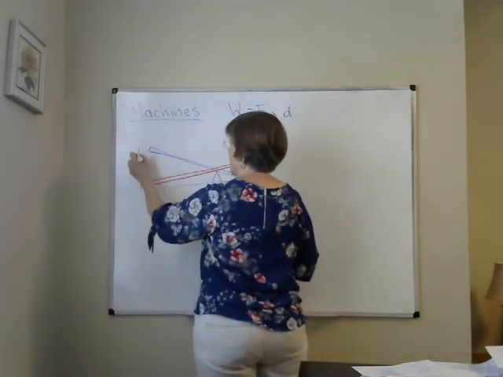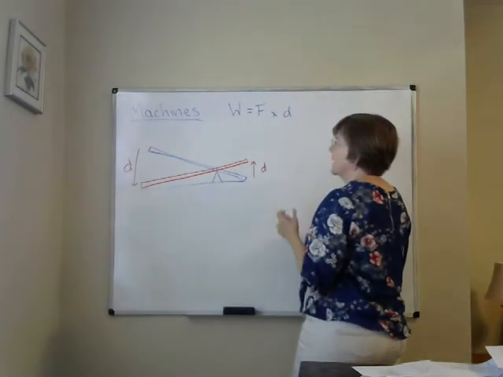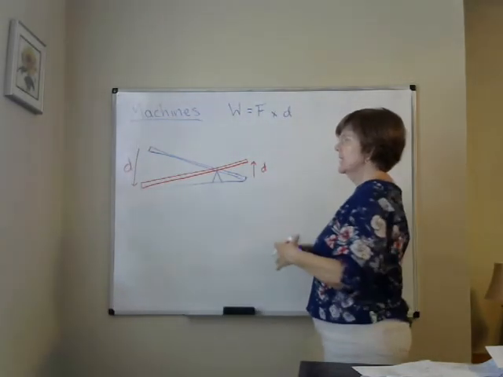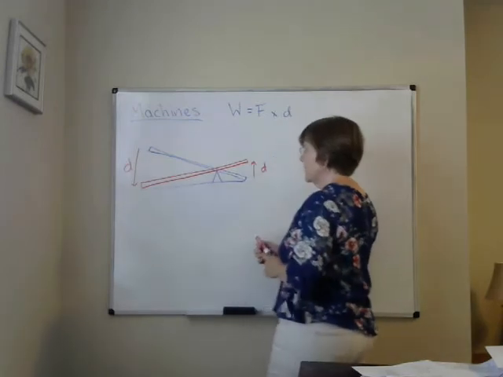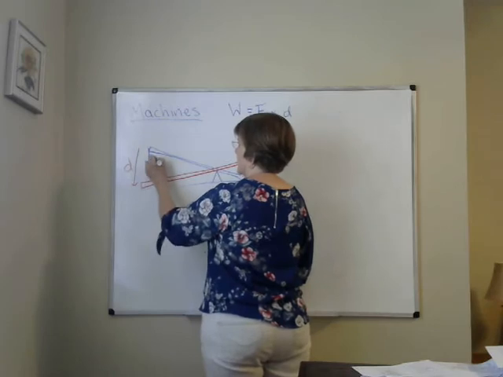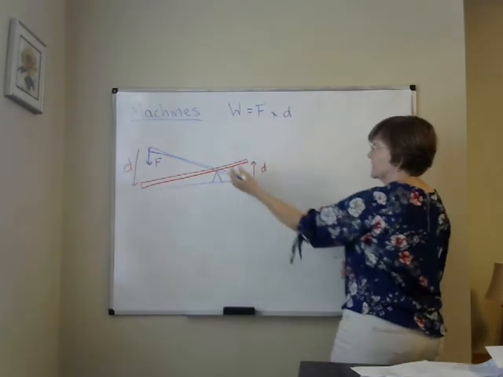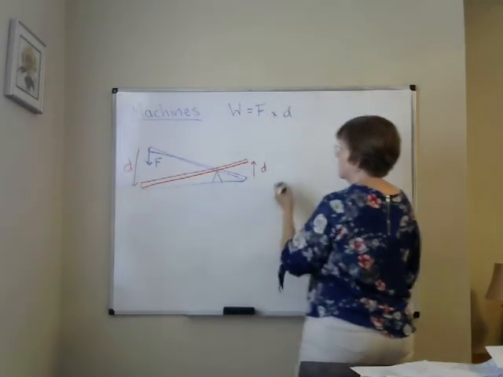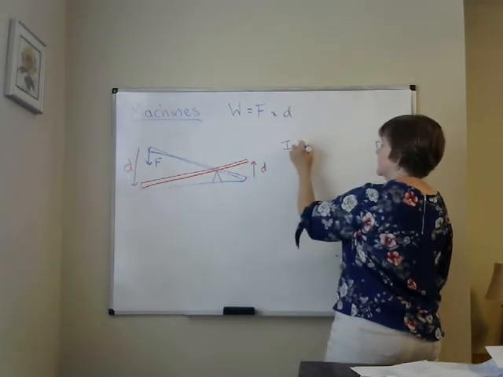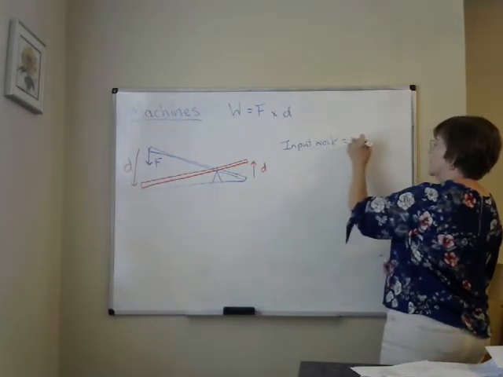This is a fairly long distance. I'm going to have to step on this board and apply some force. This force times distance, that's the amount of work I'm doing here. That's my input work. Ideally, it should equal the output work.